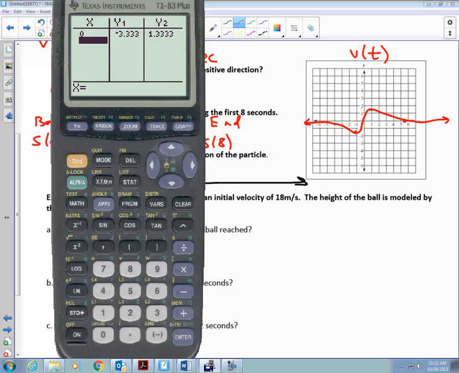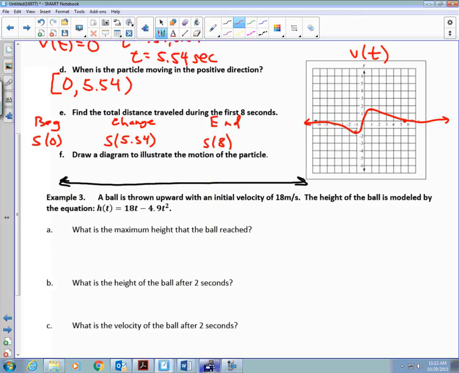I'm traveling at a rate of 1.333 meters per second at time 0, but we're wondering about position. So at time equals 0, I'm at a position of negative 3.333. Sorry, I put those together. I wasn't thinking.